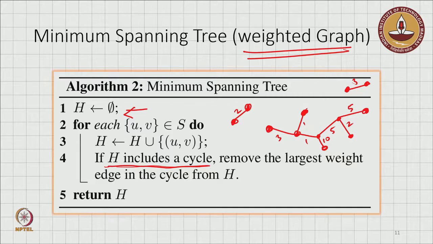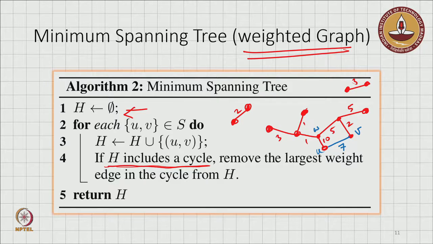Now let's say we add this edge over here, where this is u and this is v. We've received the edge uv and added it, and it happens to have a weight of 7. Okay, now what do we do? We have found a cycle, in which case we have to remove the largest weight edge in this cycle.